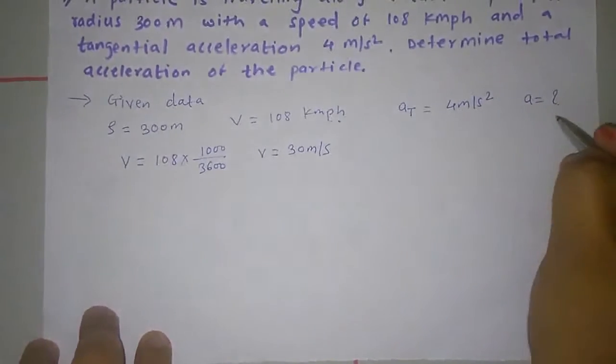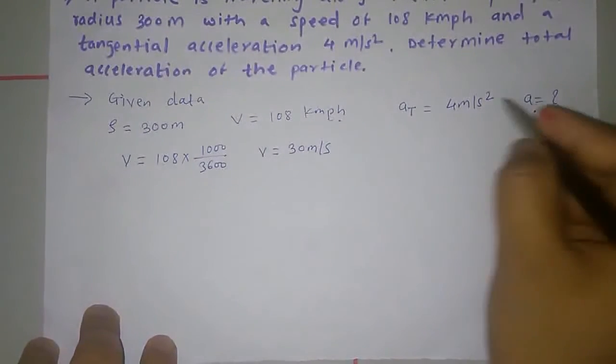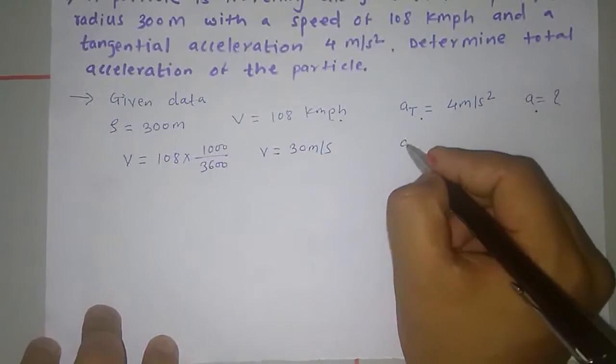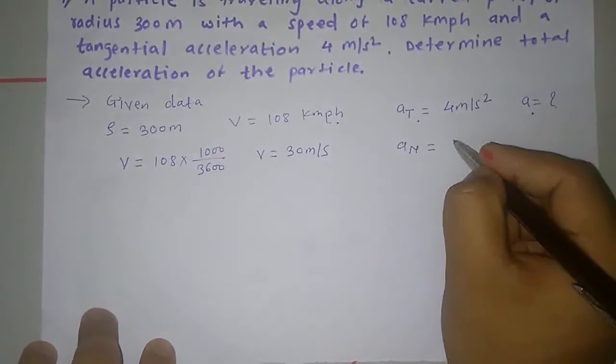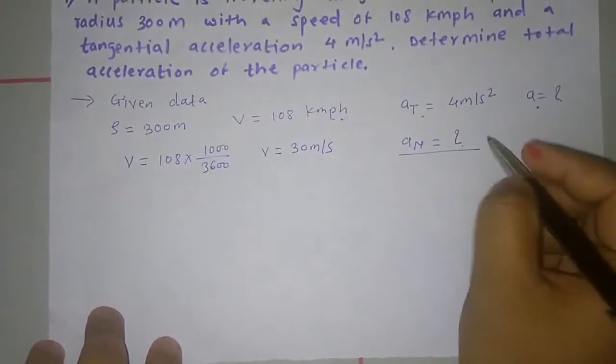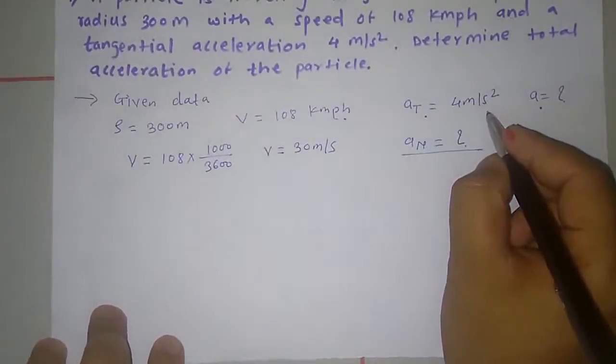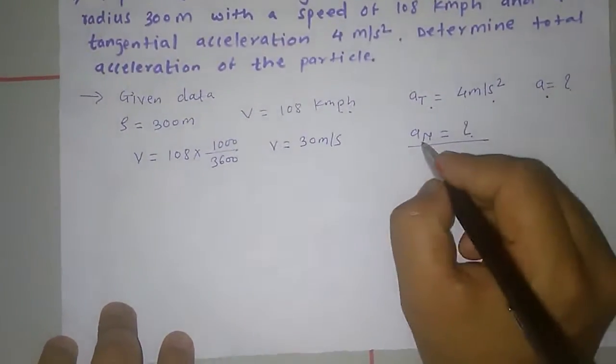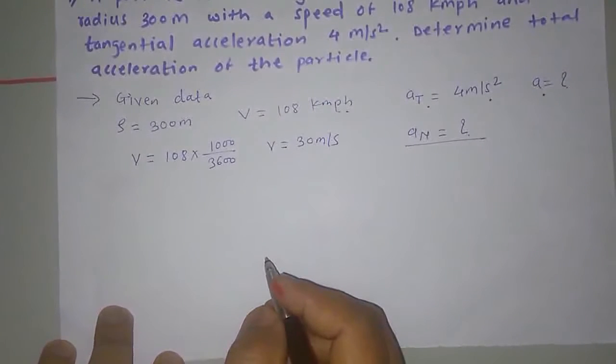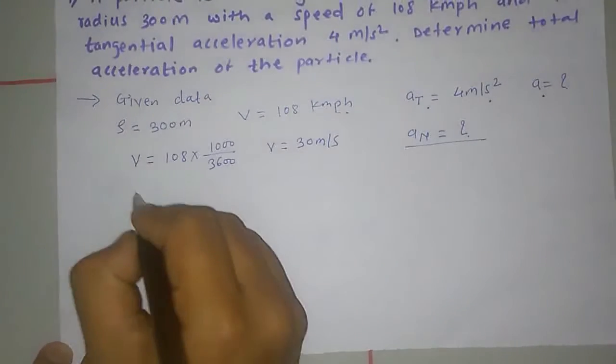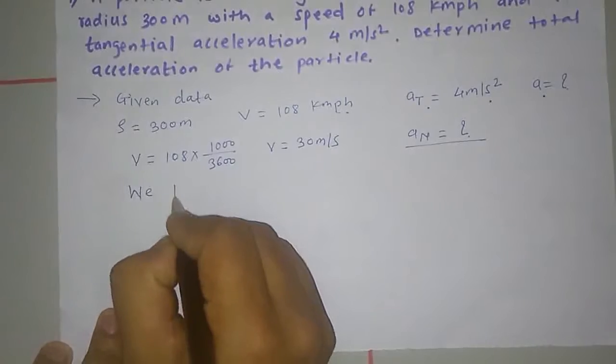Okay. Now to find the total acceleration we need tangential acceleration plus normal acceleration. So tangential acceleration we have, that is 4 meter per second square. We need to find the normal acceleration. So how we will find the normal acceleration?